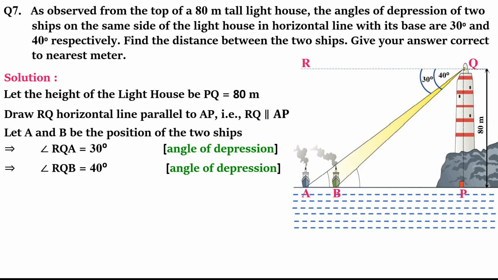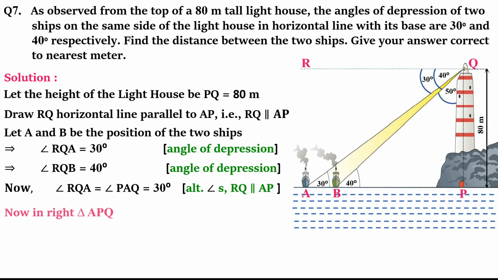Because RQ is parallel to AP, by using the alternate angle property, we can take angle RQA to be equal to angle PAQ, both 30 degree. I have marked 30 degree. Similarly, the second angle 40 can also be taken down as an angle of elevation, and we have marked here that angle RQB is equal to angle PBQ.